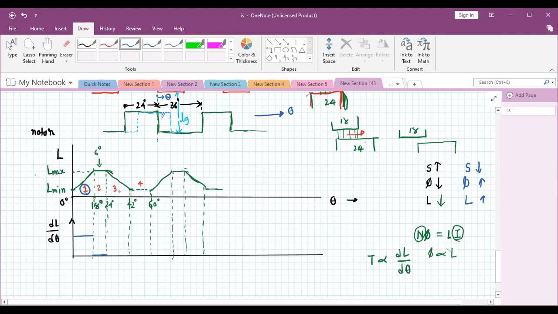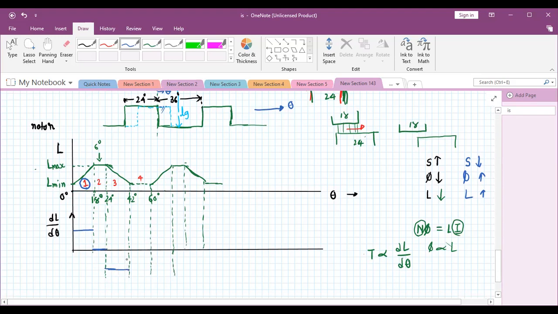Now in the third section, the slope is positive or negative? Yes, the slope is decreasing. So it means your dL by dθ will be negative. So here I have to consider minus dL by dθ for this particular third section.